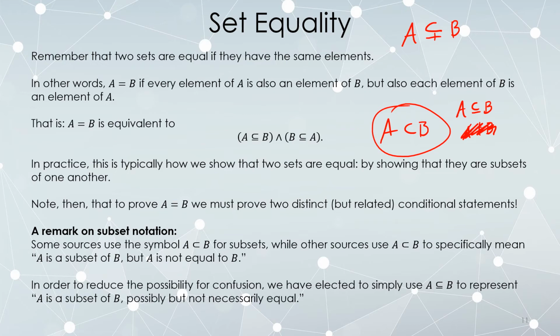Because the notation varies from place to place, I just use this symbol for subsets everywhere, and I don't have a separate symbol to specifically say is a subset and is not equal to. I only bring this up in case you are looking in other books or other sources online and you notice that the symbols are slightly different from place to place. You just have to be careful about it.